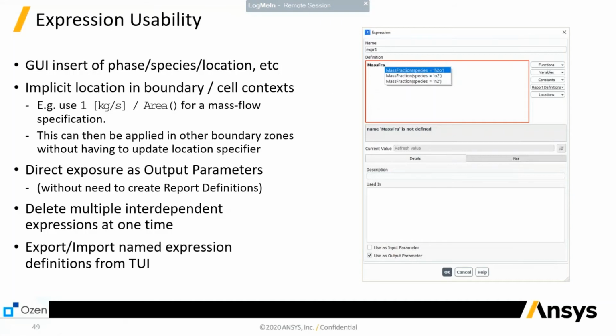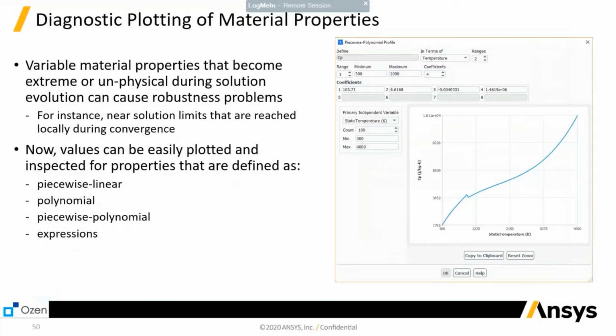And similar to CFX, when you go to FLUENT to define an expression, especially when you want to put, for example, a species, when you put the first couple of letters, a drop-down window comes up and gives you all the possible options you can put there. So it automatically searches that for you, which makes it much easier and user-friendly.